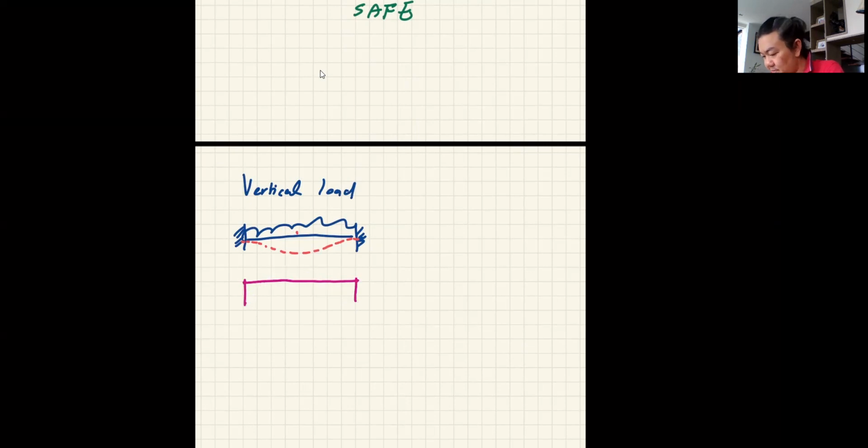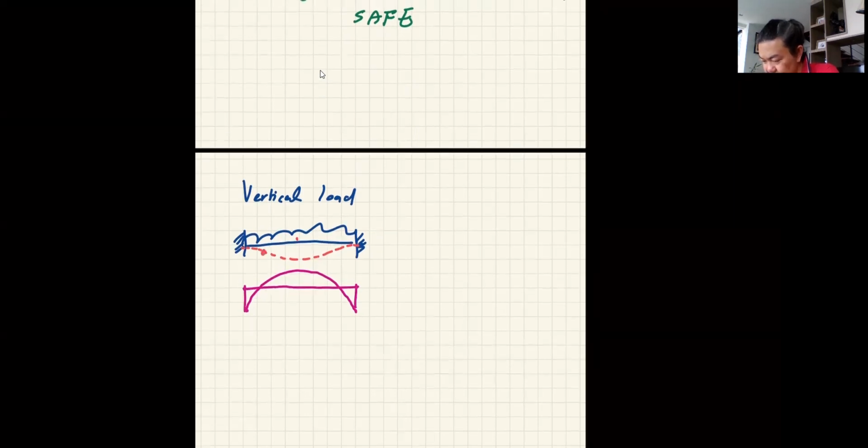Or maybe I should draw better. Like that. Meaning somewhere here, that's a point of inflection. Right there where moment becomes 0. Okay?